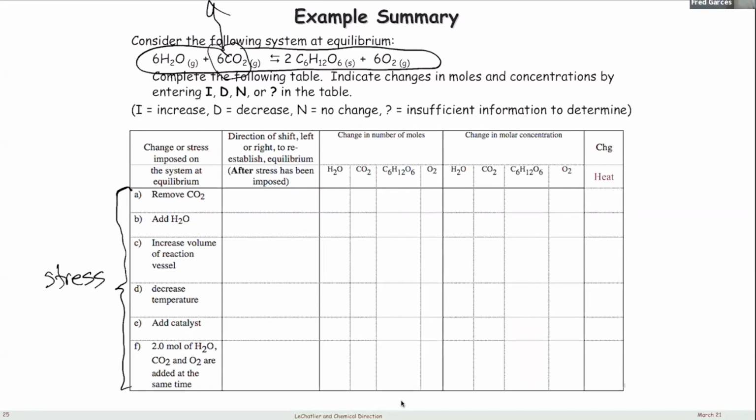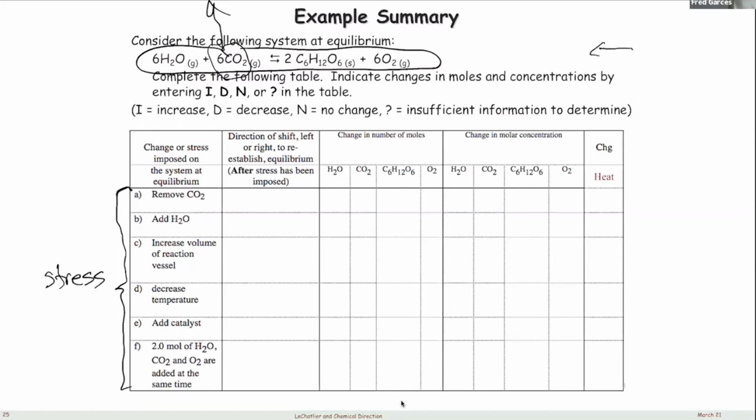That means the reaction is going to move towards the reactant side, so the moles of reactant are going to go up because the reaction's moving in that direction. The reactant will go up and the product will go down because it's being consumed.